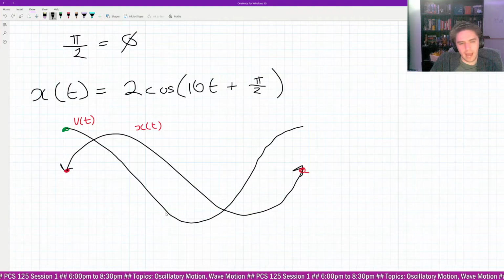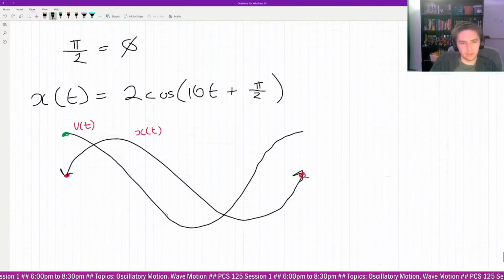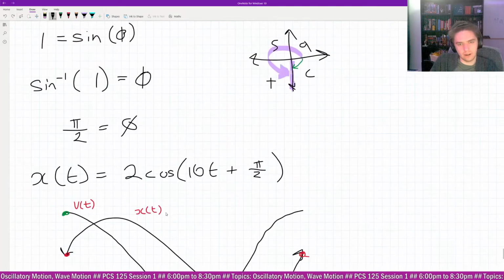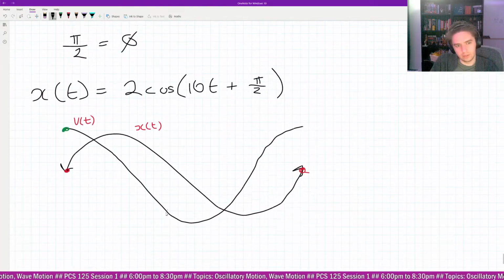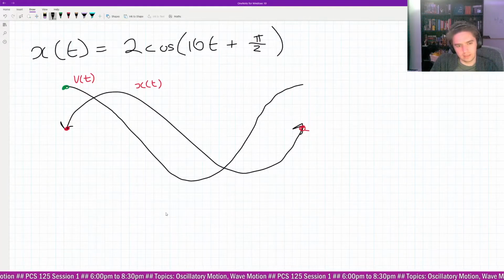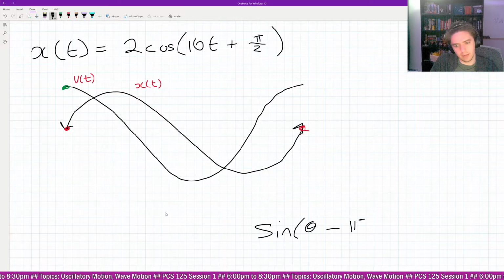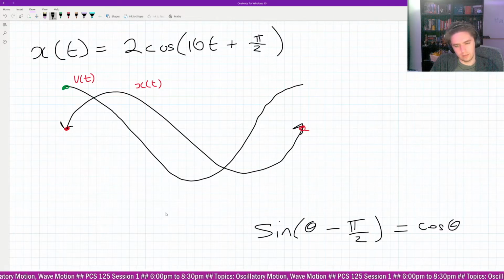Wait, no, but adding 3 pi over 2 should give us negative pi over 2. Is it sine theta minus pi over 2 equals cos theta, right?